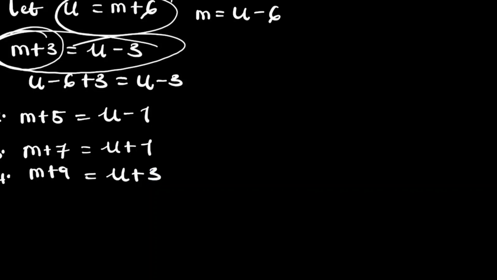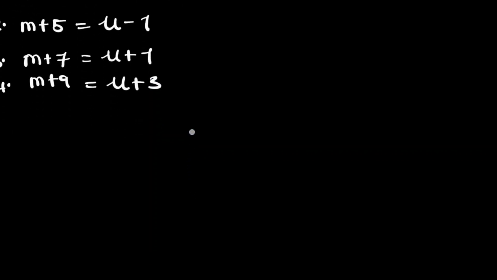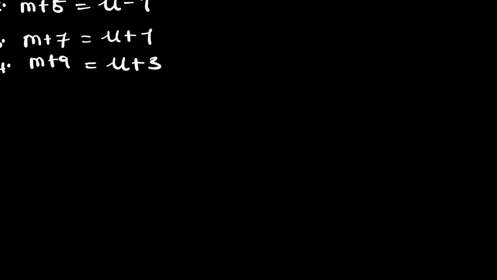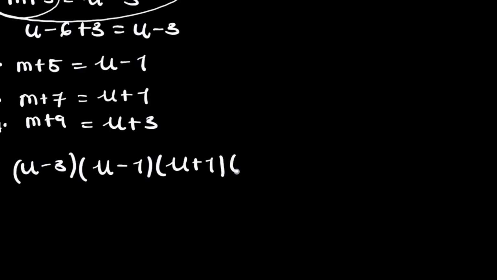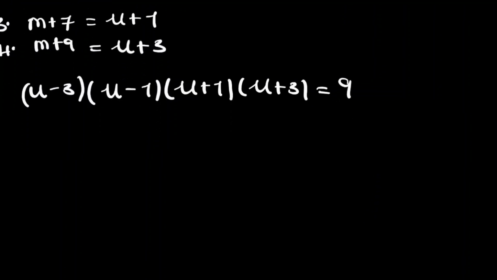So this is what we have after substituting each one. The equation becomes u minus 3, u minus 1, u plus 1, u plus 3 equal to 9.